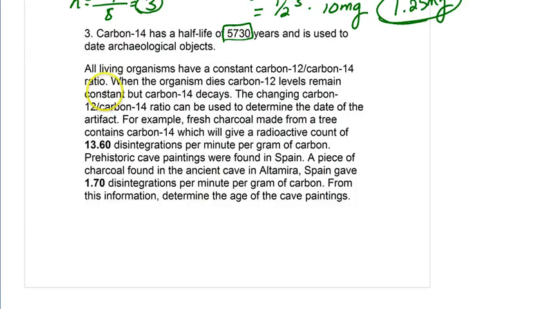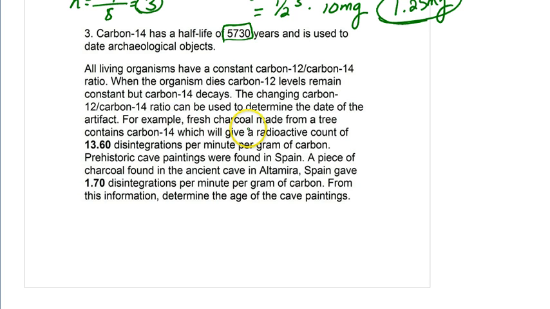So, in this question it says, all living organisms have a constant carbon-12 to carbon-14 ratio. When the organism dies, the carbon-12 levels remain constant, but carbon-14 decays. So the changing carbon-12 to carbon-14 ratio can be used to determine the date of the artifact.